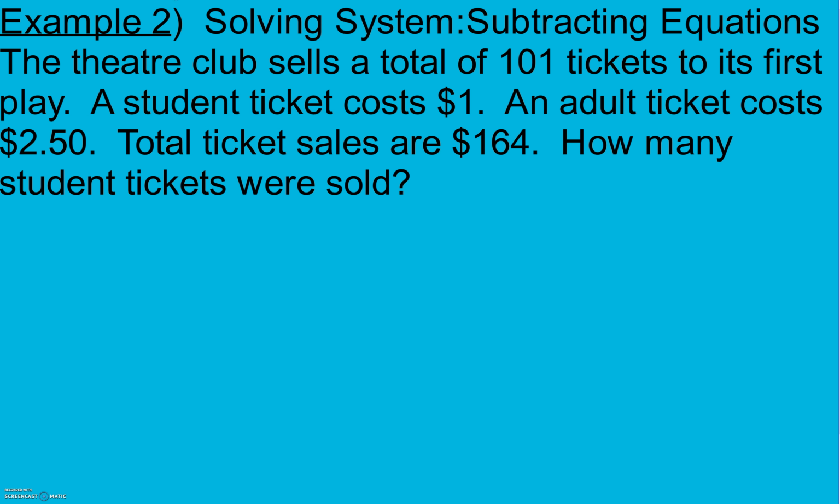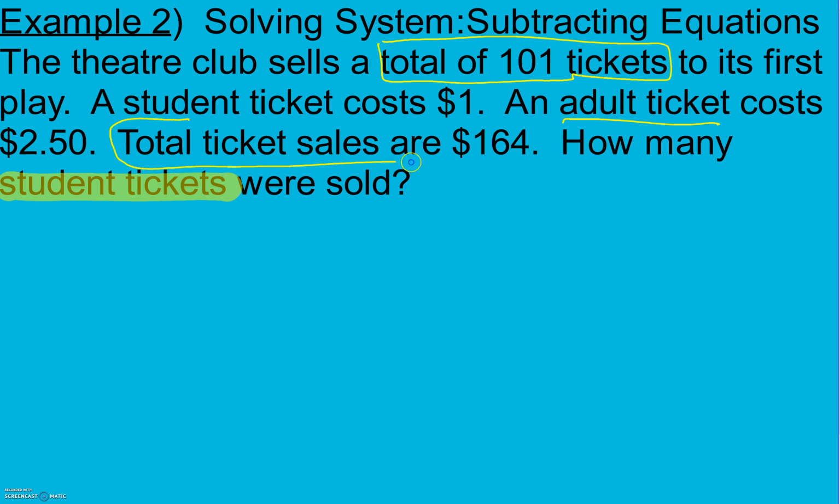So here we are looking for student tickets, which means we're going to have to compare two different types of tickets. We have student tickets and adult tickets. We also have totals here. We have a total of 101 tickets and a total ticket sales of $164.